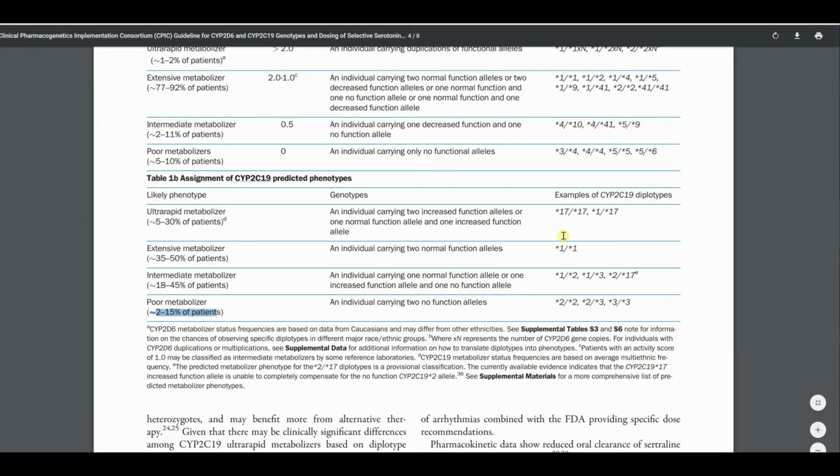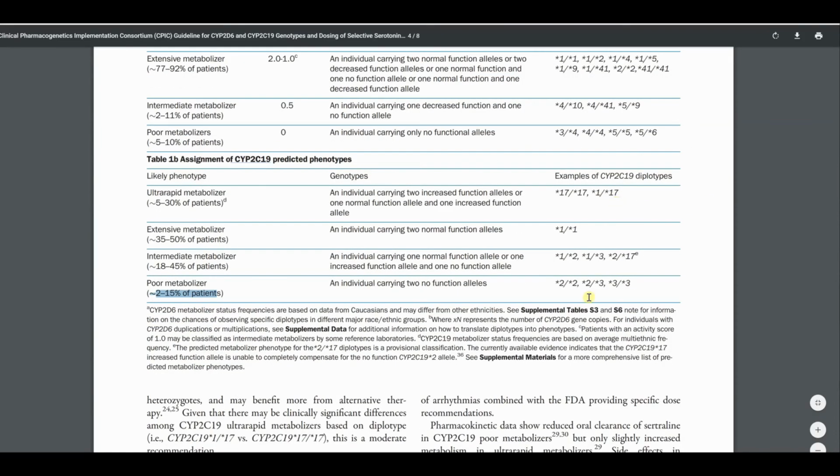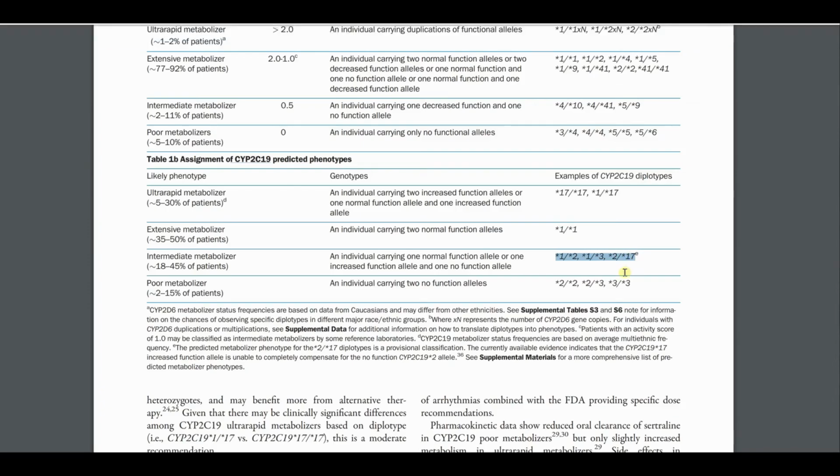And then, in contrast to the really complex diplotypes that we see with CYP2D6, 2C19 has really the standard diplotypes that we're used to seeing, especially in the normal, poor, and intermediate phenotypes, which is to say star 1 is normal, and then some combination of star 1 with a poor metabolizer phenotype would be considered intermediate. And then finally, you'd have to have 2 poor functioning alleles to be a poor metabolizer.